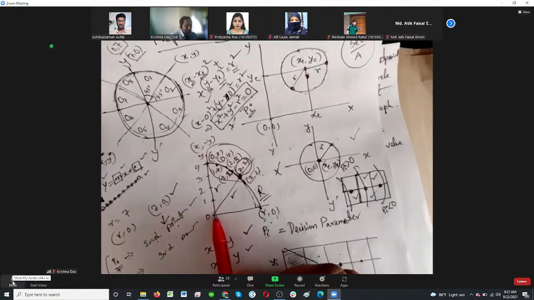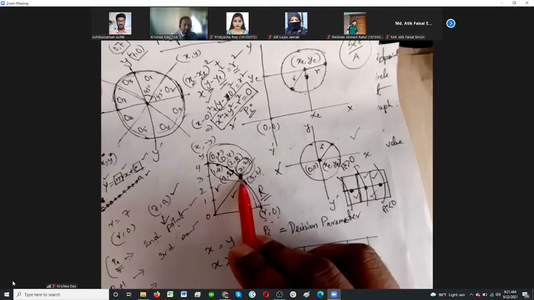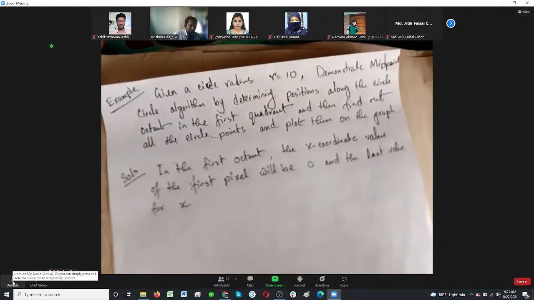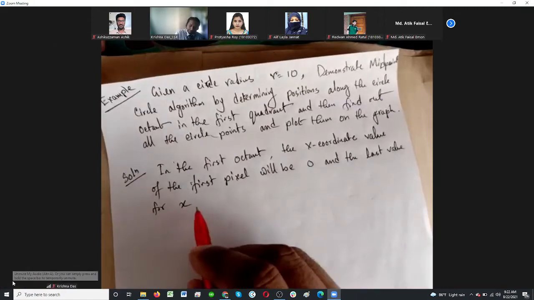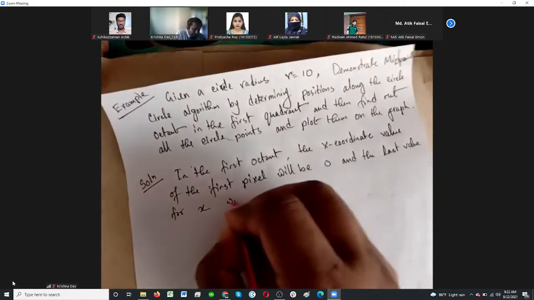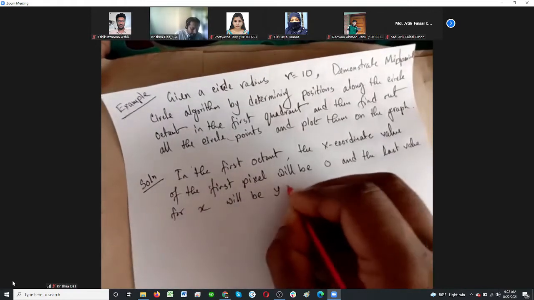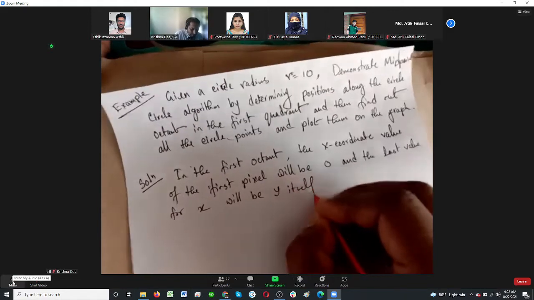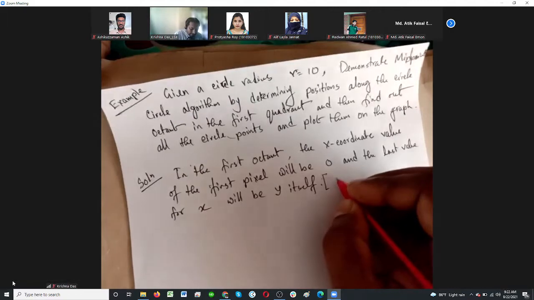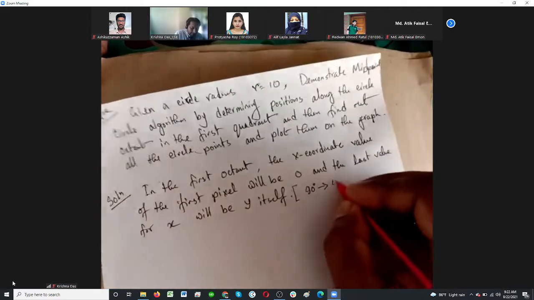Should x be greater than y, or x equal to y? x equal to y. There are chances that the last value for x will be y itself, right? Yes, sir. That means we are going from 90° to 45°, right?